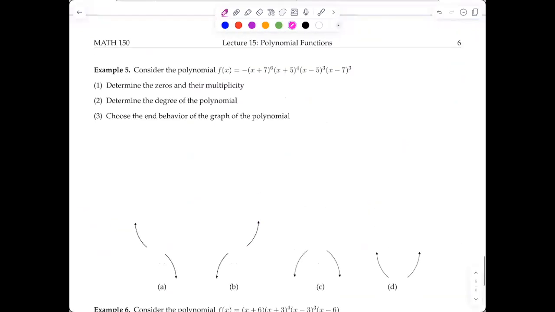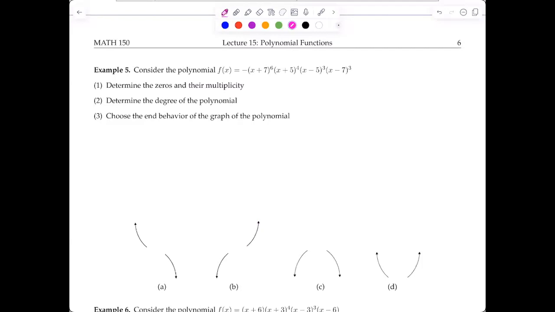Okay, so the first question here: determine the zeros and the corresponding multiplicity. How many zeros do you have for this function? Remember, zeros can carry other names as well: solutions, roots, x-intercepts, and x minus r factors of the function.